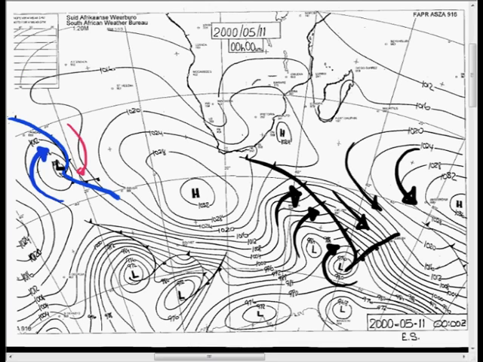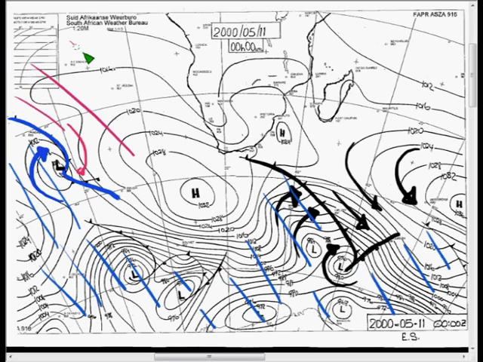Right, so if we remind ourselves then that this whole area here, behind the fronts, this is polar air. All of this air down here is polar air. And of course is our other front there. And then ahead of the fronts, all of this air is tropical air.